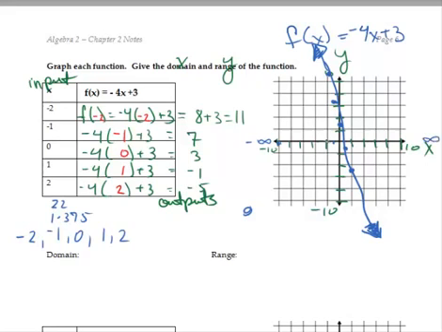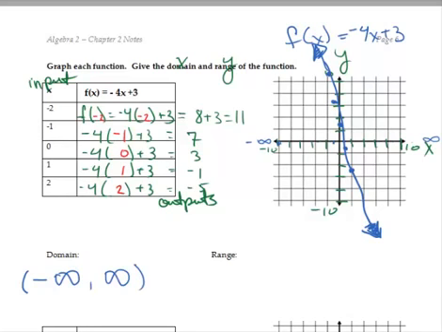Any dot on this line, any x value could be plugged in and we could get something out. So to go from -infinity to infinity, we'll say the domain is -infinity to infinity. We use interval notation to talk about it. So it's more than just these numbers. It's any number could work.